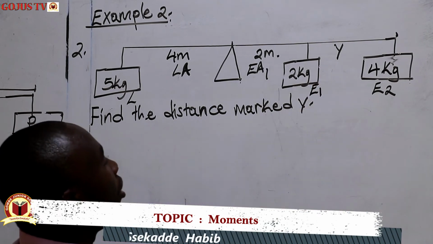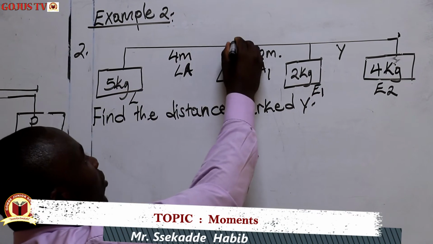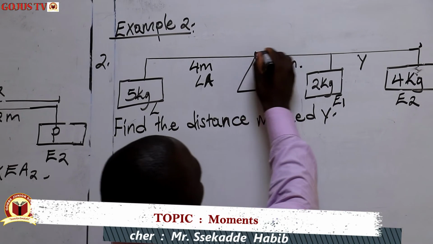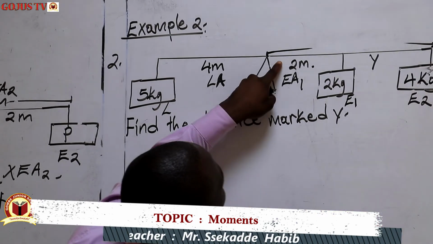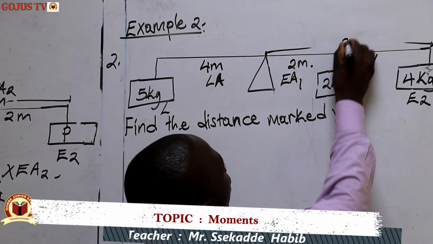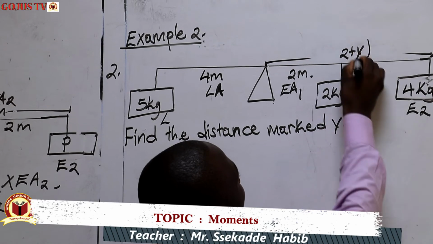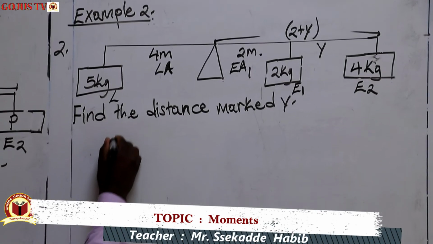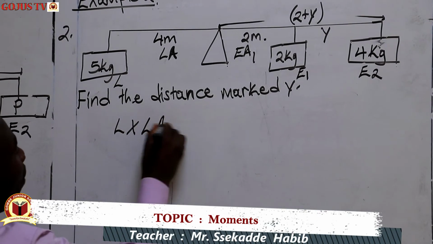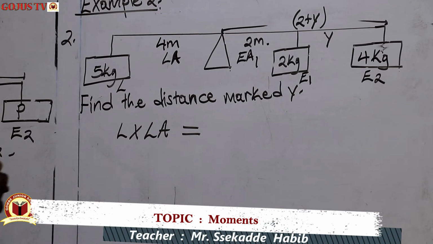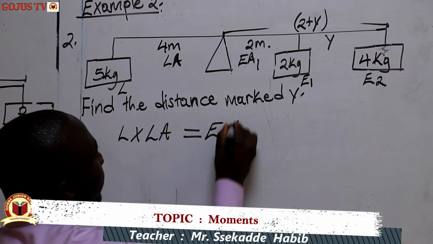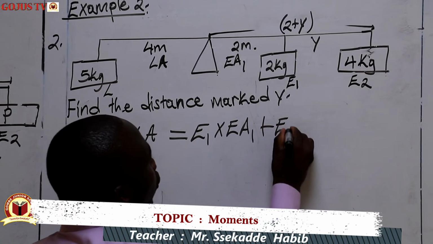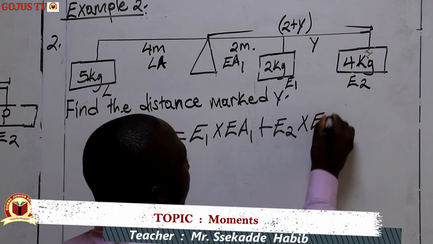effort arm 2. Remember, the effort arm is calculated from the pivot until we reach where the effort is. So we shall have to sum up, to add this distance plus this one, which is 2 plus y, since they are unlike terms. And then we come and say load times load arm will be equal to effort 1 times effort arm 1, then plus effort 2 times the effort arm 2.